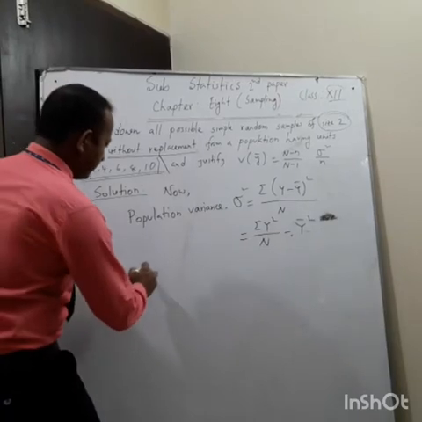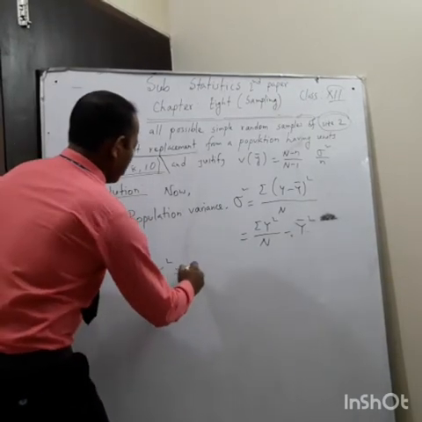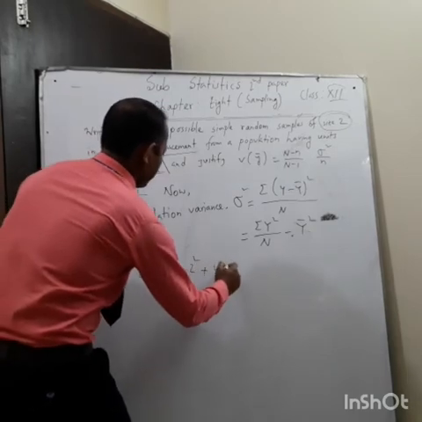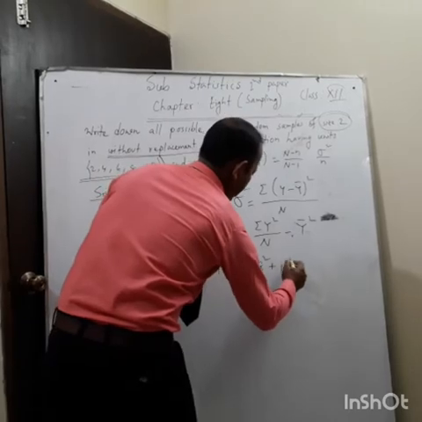Now summation y square equals 2 square plus 4 square plus 6 square plus 8 square plus 10 square.